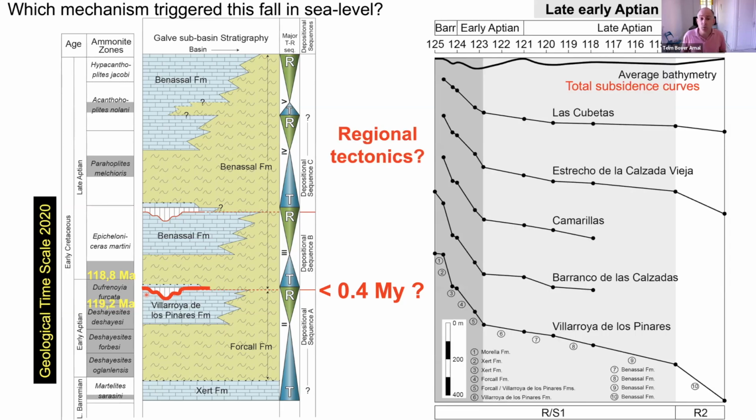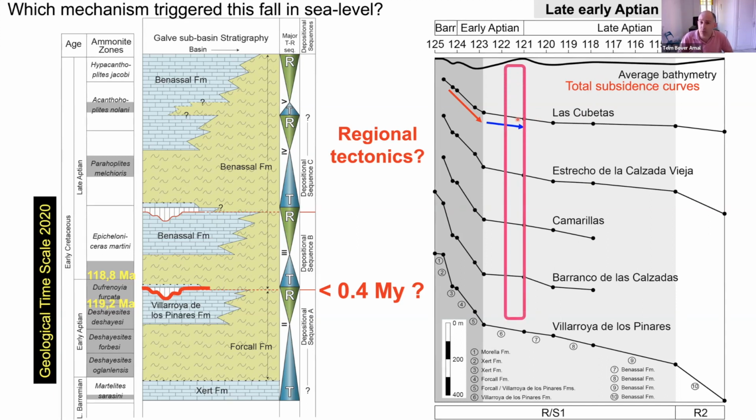Could it be related to regional tectonics, of course? We are in a rift basin. Syn-rift subsidence is always playing a role. We measured total subsidence curves for this western marginal part of the Maestrat Basin, and the results were that there was a latest Barremian to earliest Aptian episode of rapid syn-rift subsidence, but during the late early Aptian and during the late Aptian, there was a period of slow syn-rift subsidence.